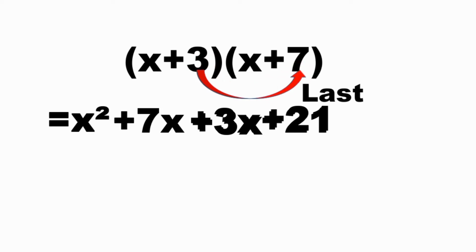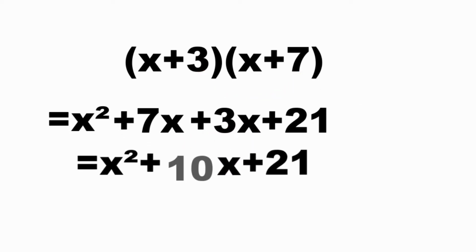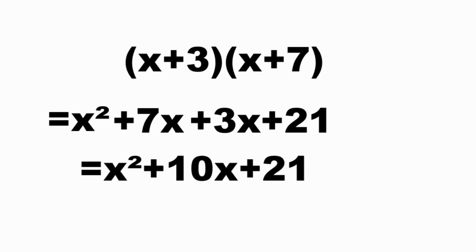We can combine the middle terms, since they have the same variable x and the same exponent 1, only different in coefficient. 7x plus 3x is 10x. So the final answer is x squared plus 10x plus 21.